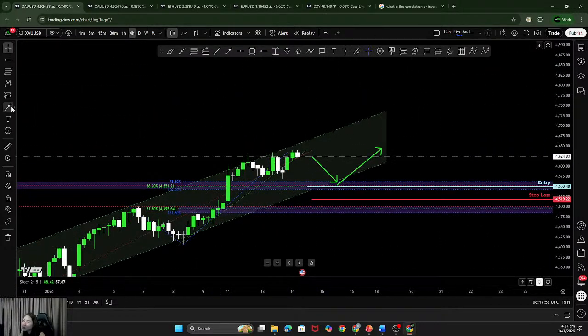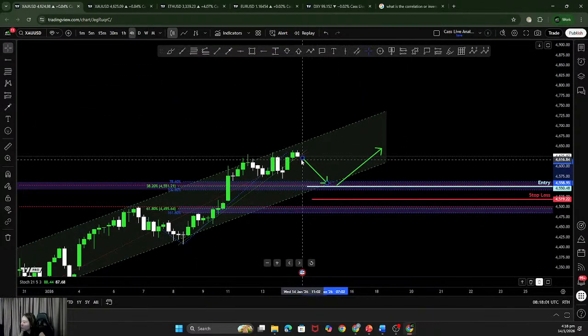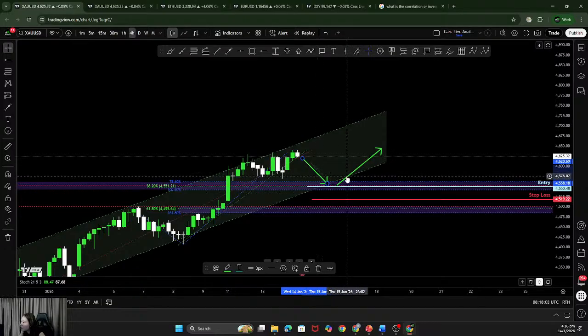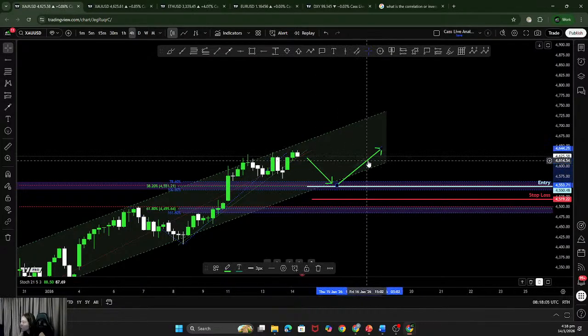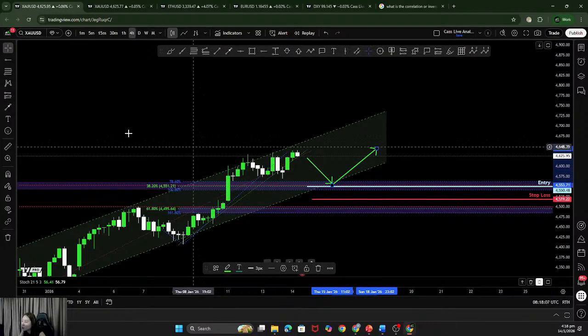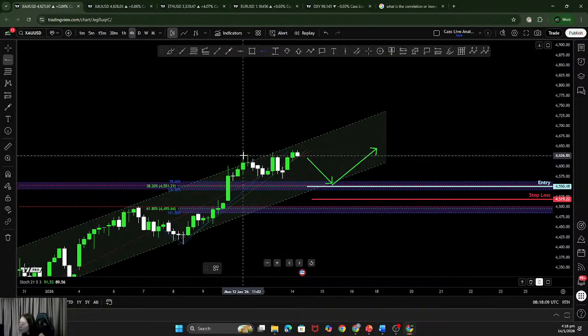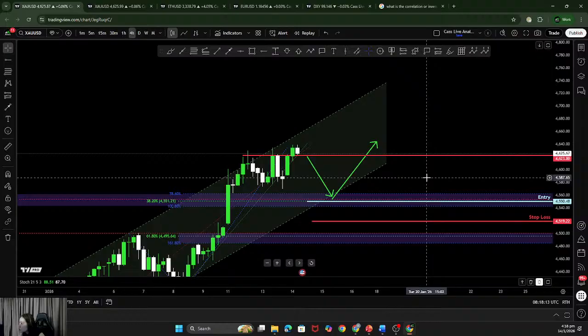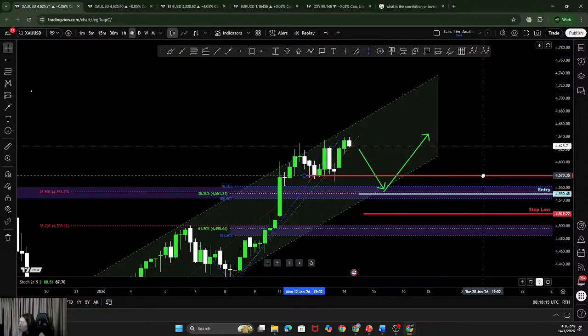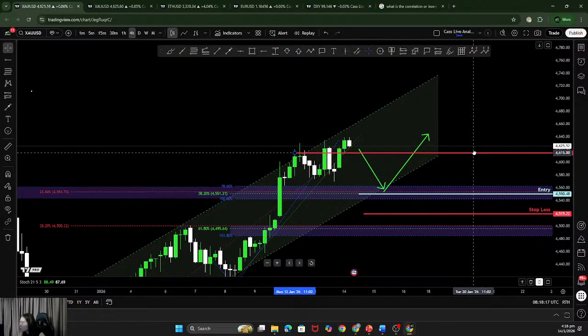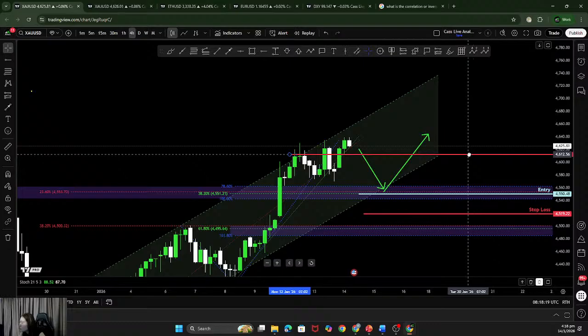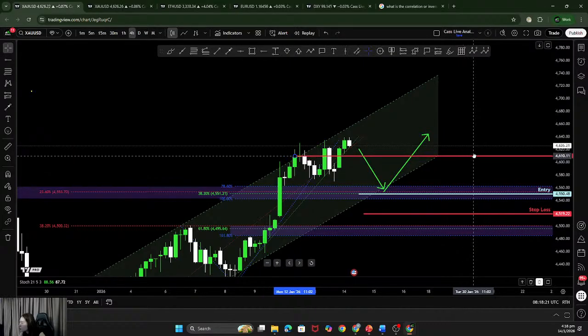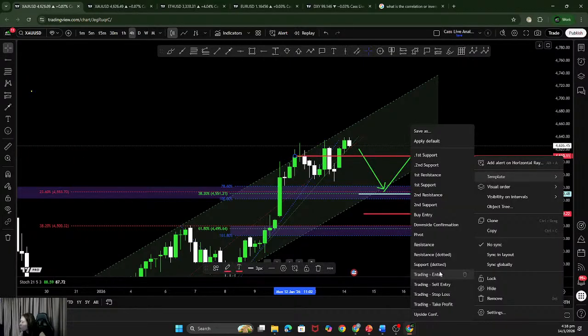If gold pulls back and I'm looking to enter for a buy, I've already got my entry, I've already got my stop loss. My next question is, where do I put the take profit? Is it going to go back to the all-time high? Or should I just be a bit more conservative? I'm going to be a bit more conservative because we're already at all-time high.